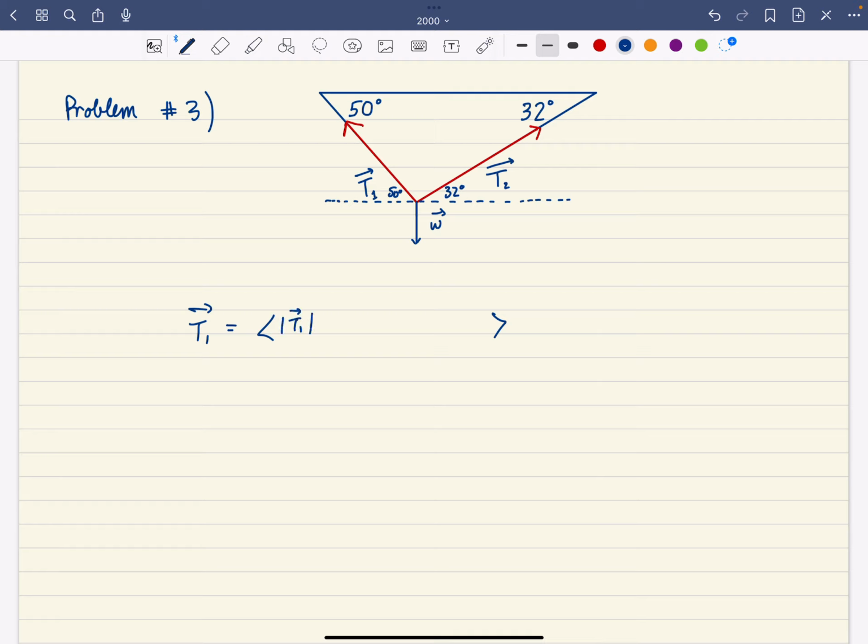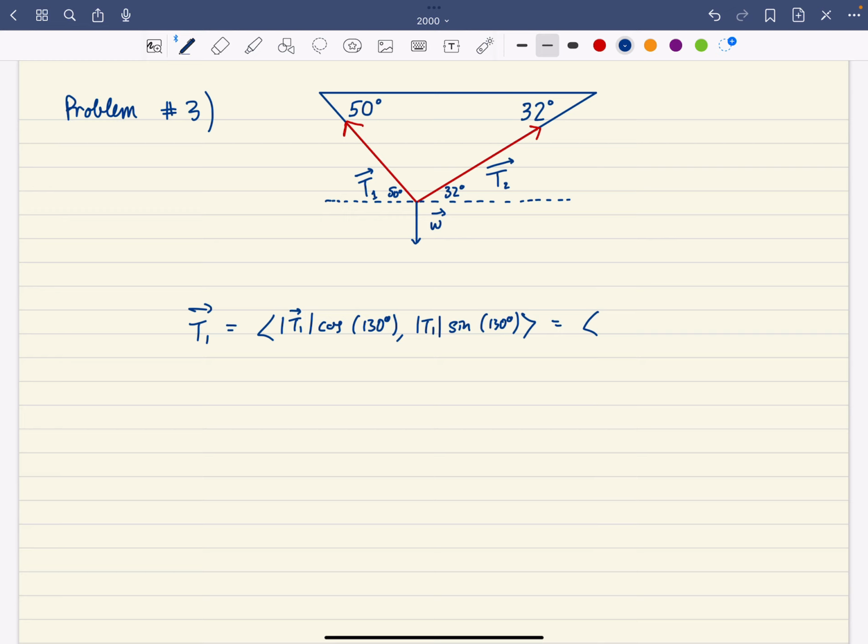We don't know its magnitude just yet. That's the x component, and then the y component would be the magnitude of that vector times sine of 130 degrees.